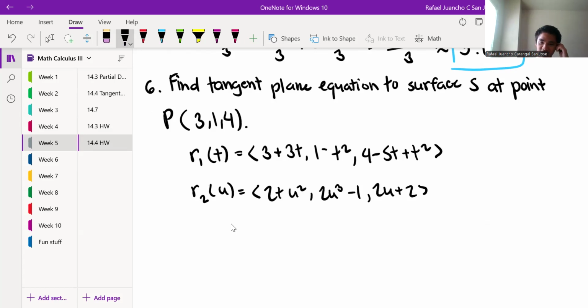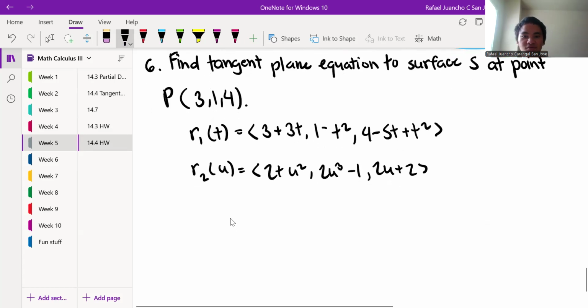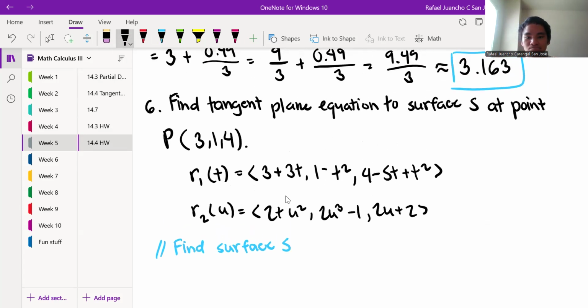So how do I find my surface S? That's what I want to do. I want to find surface S based on these curves, right? If I plug in 3, 1, and 4, I should get the same point, or no, I should get my time when I'll reach this point.